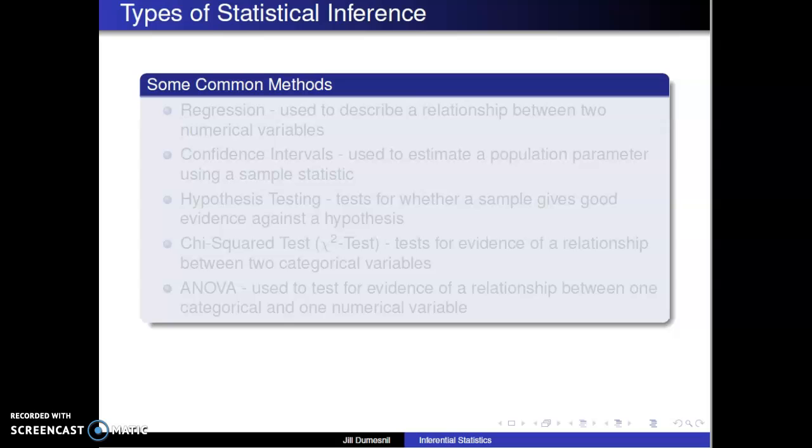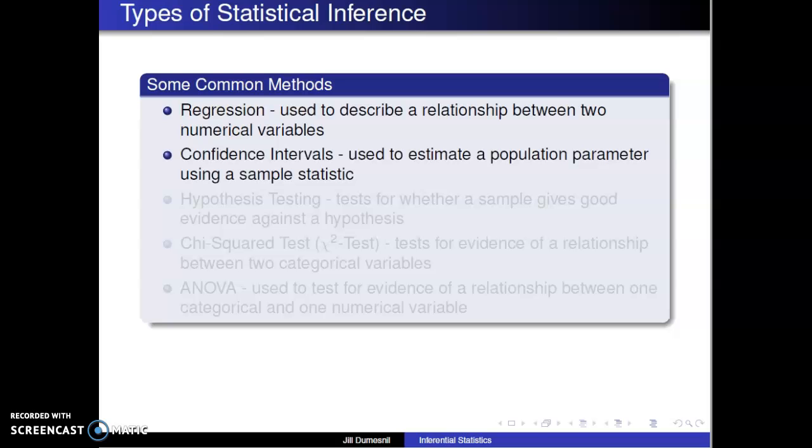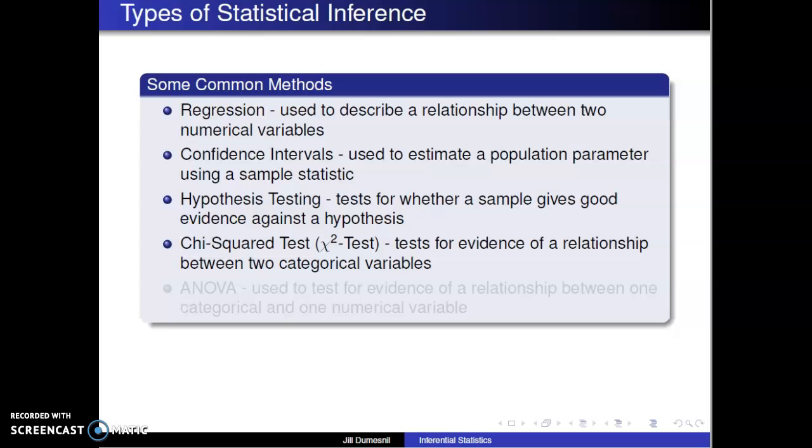Some of the more common methods are regression analysis, which allows for investigation of a relationship between two or more numerical variables, confidence intervals, which are used to estimate a population parameter from a sample statistic, hypothesis testing, which looks for evidence of a false hypothesis, chi-squared testing, which looks for evidence of a relationship between two categorical variables, and ANOVA, or analysis of variance, which is used to test for evidence between one categorical and one numerical variable.